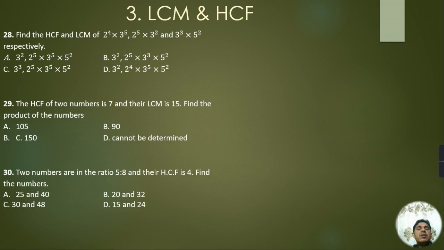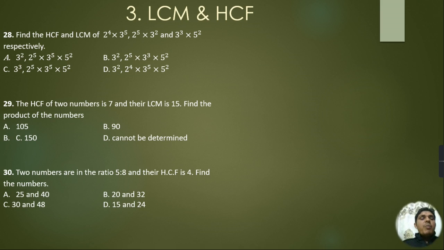Coming to the next type, LCM and HCF. Question 28: find the HCF and LCM of 2^4 multiplied by 3^5 and these two numbers.